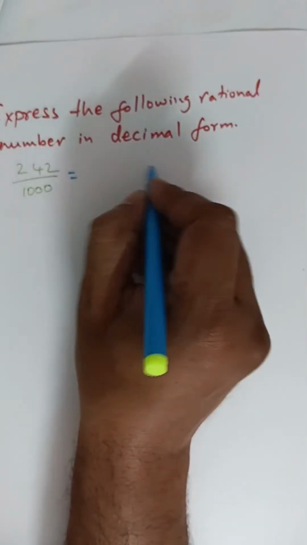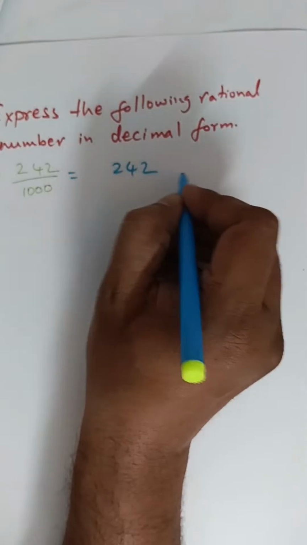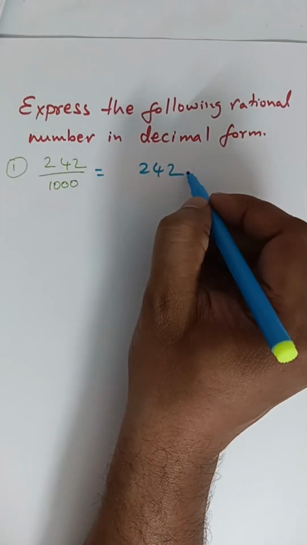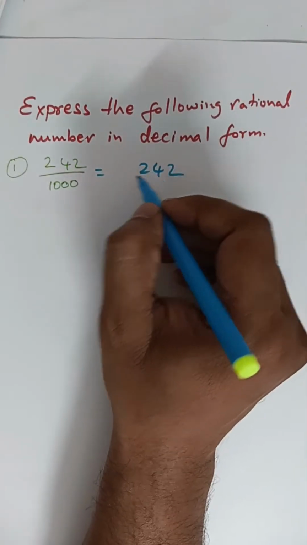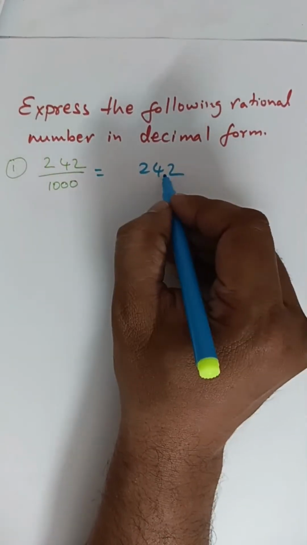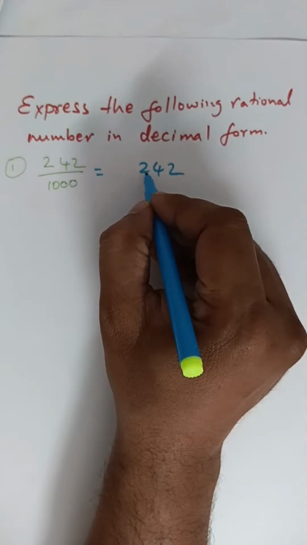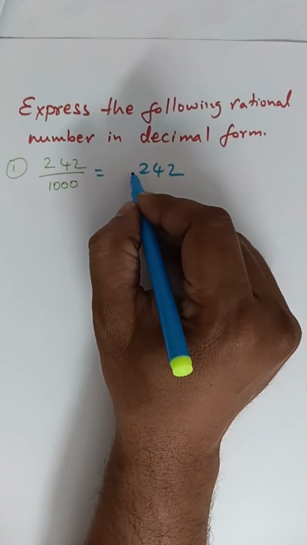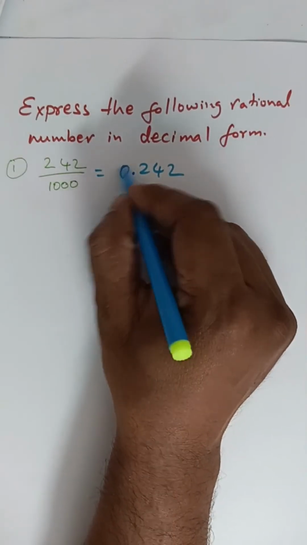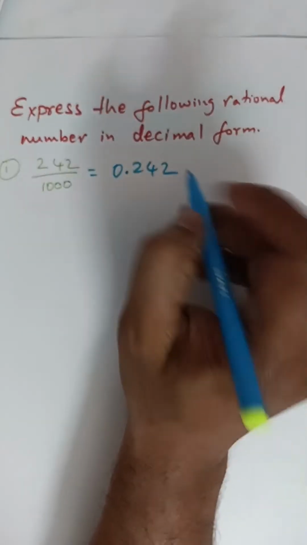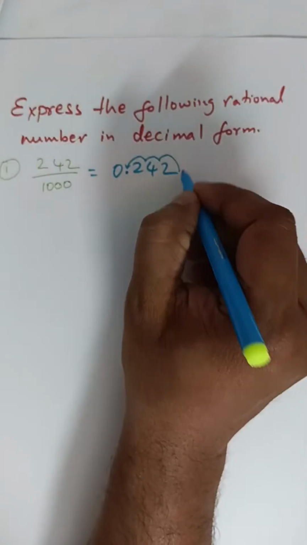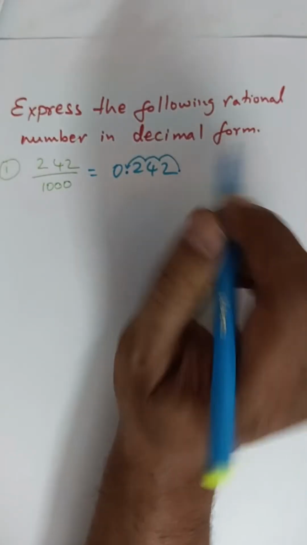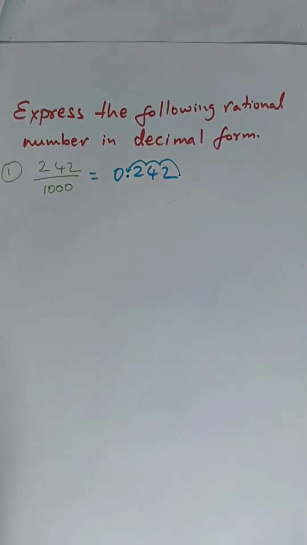First write the number 242. From right to left, count how many zeros there are. 1 2 3. Put the decimal here. 0.242. This is your answer, right?